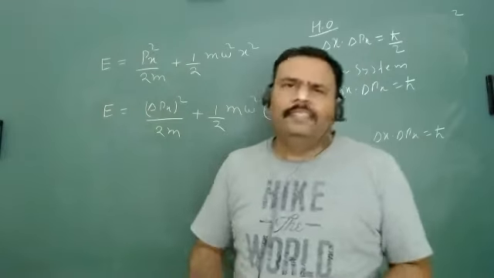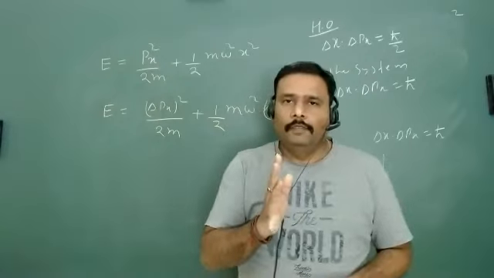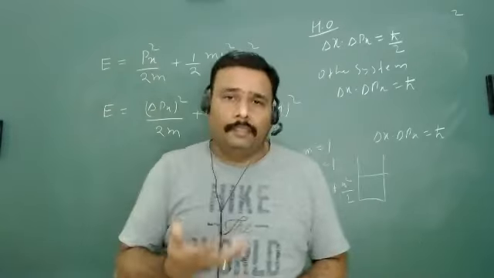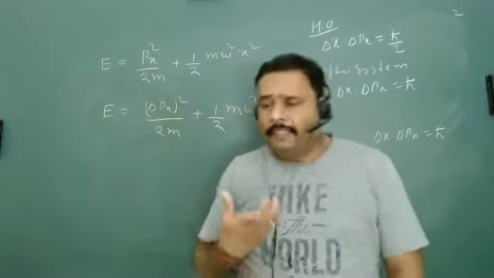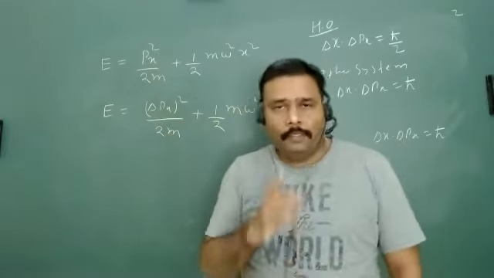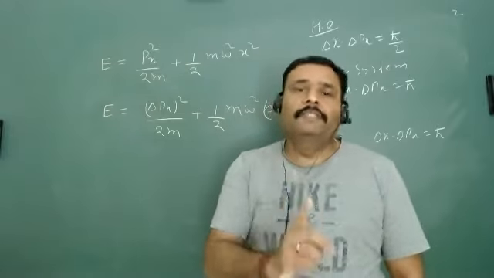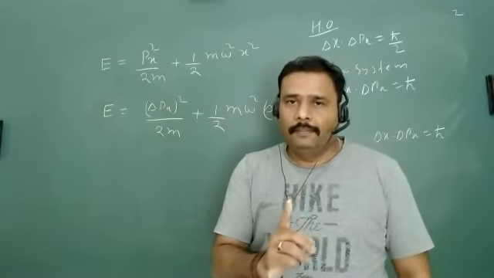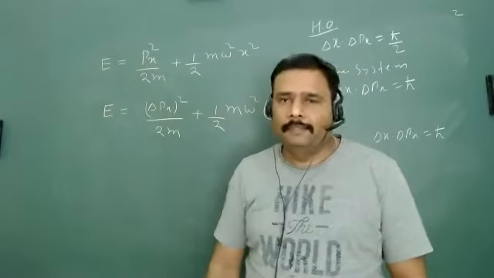So why is this the most symmetric system? Why is the harmonic oscillator so important? In any topic you will get the harmonic oscillator, because this is the most symmetric problem in physics. You can have x square, px square, everything is very nice.